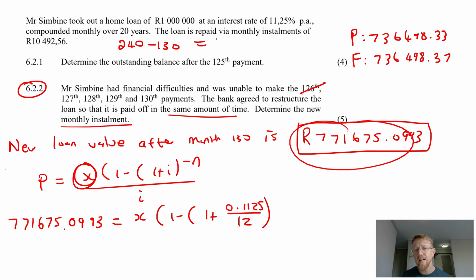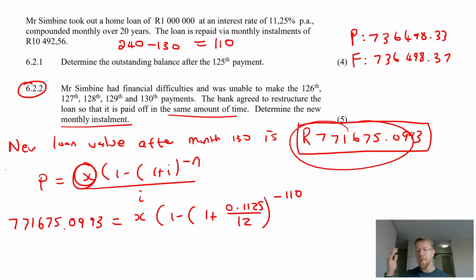There's now only 110 months left over. So Mr. Simbine now has to go and pay off this outstanding value of the loan, but he only has 110 payments left over because there's only 110 months remaining before the 20 years has run out.